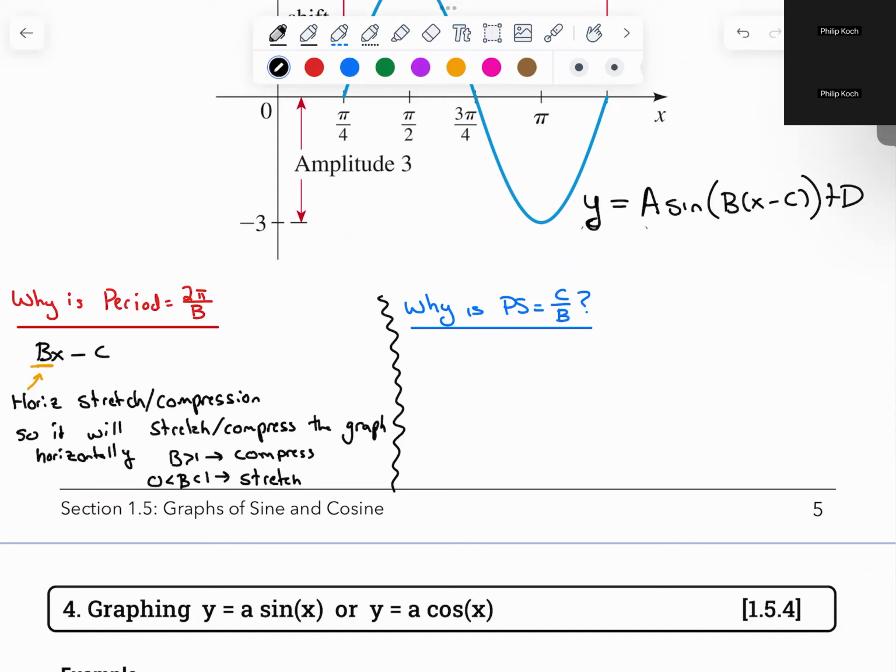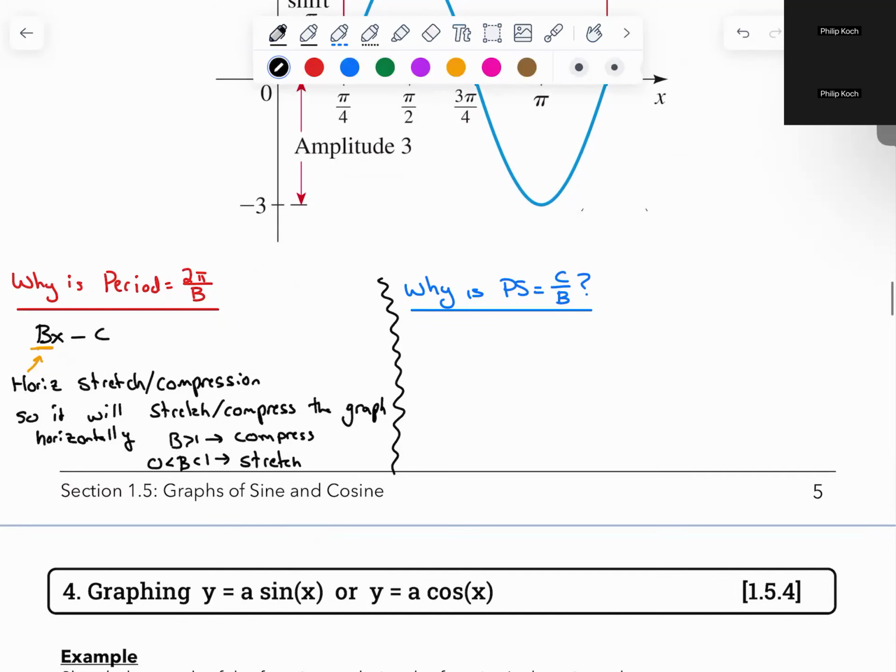Because with linear transformations, that makes way more sense, because that tells you exactly where the movement will happen. If it was like this, c would be the horizontal shift. But that's sadly not the way the book does it, and most books teach it this way. They're wrong, but that's okay.